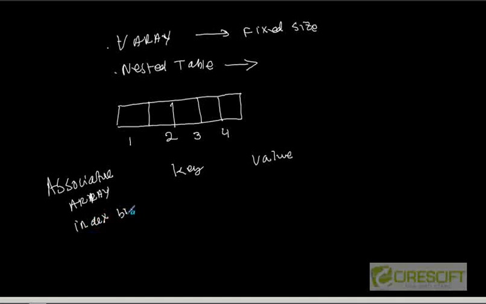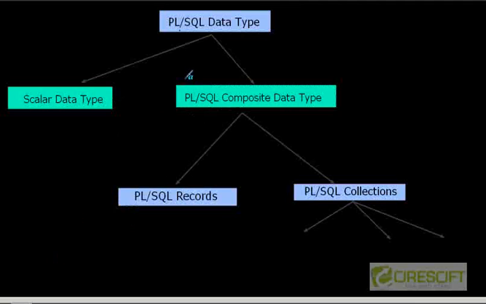So if you look at the big picture of PL/SQL data types, we are discussing composite data types, and we are into the collections. We have already discussed VARRAY, then nested table.